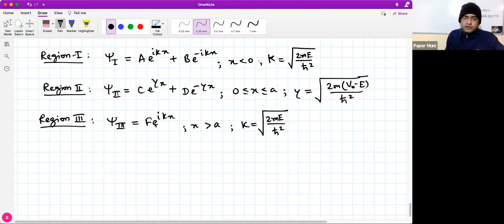Now we have this situation. Everything is fine. We already know the logic behind these types of wave functions, so we won't get into it again.